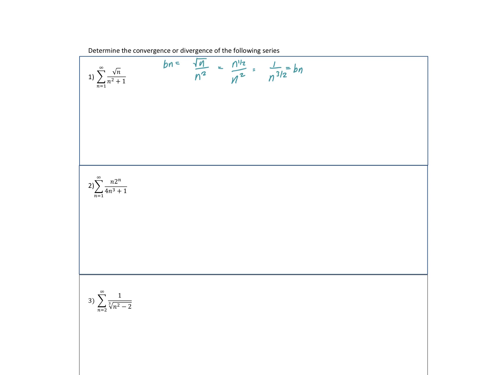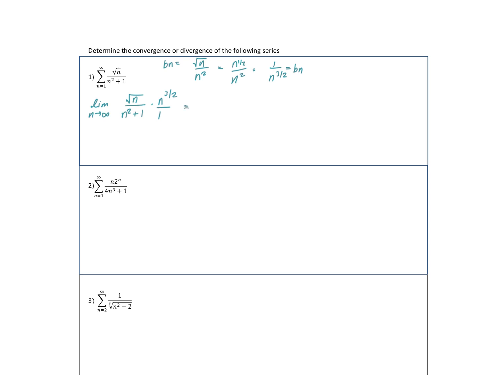We're going to divide a sub n, so the limit as n goes to infinity of a sub n, root n over n squared plus 1, over the b sub n. Because it's a fraction, I'm going to do keep, change, flip. So we're going to get n to the 3/2 over 1.